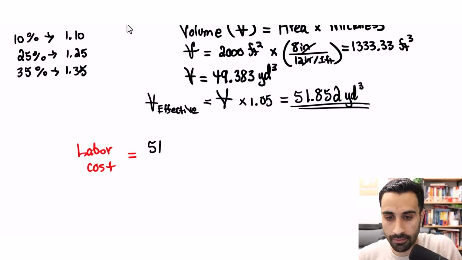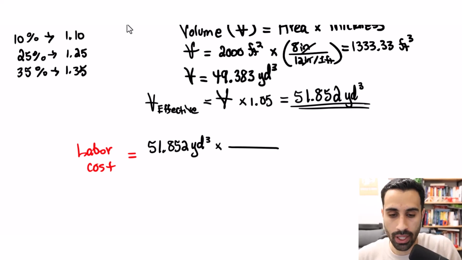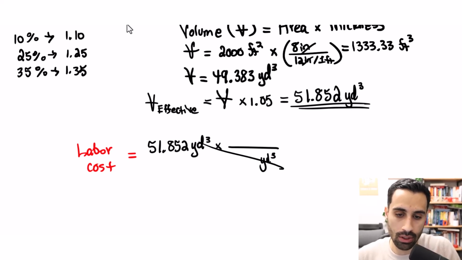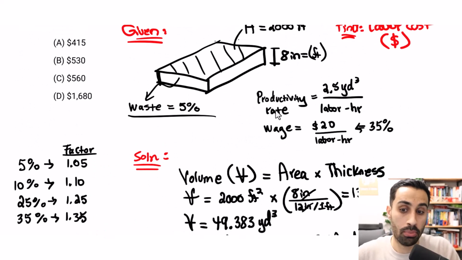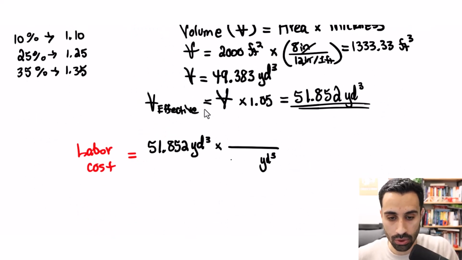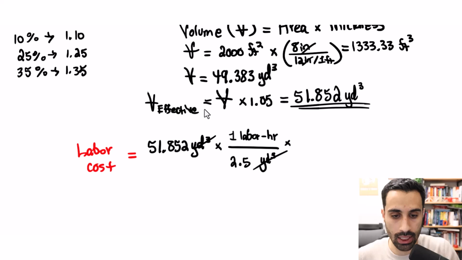So that will be the 51.852 cubic yards. Then I'm going to cancel units. We have the stuff on the bottom, stuff on top. To cancel the cubic yards, I know I need cubic yards diagonal. Where's that used? The productivity. So it's 2.5 per labor hour. So I'm going to flip it. It's going to be 2.5 cubic yards per 1 labor hour. So that part is done, and these cancel.